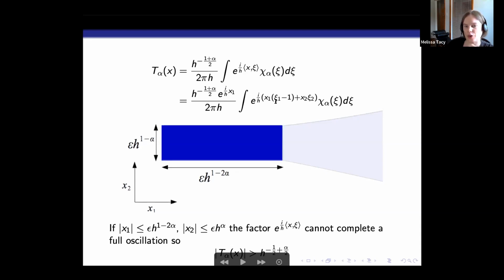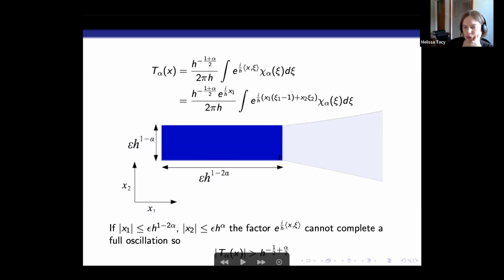I'm on the circle, xi1 equals the square root of 1 minus xi2 squared. So if I do a Taylor expansion of that, I find that if x1 is less than h to the 1 minus 2 alpha, then xi1 minus 1 has to be less than h to the 2 alpha. So that also doesn't give me any oscillation.